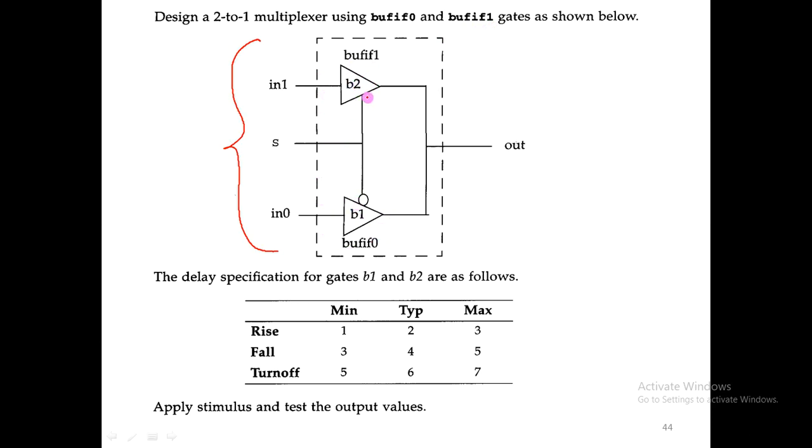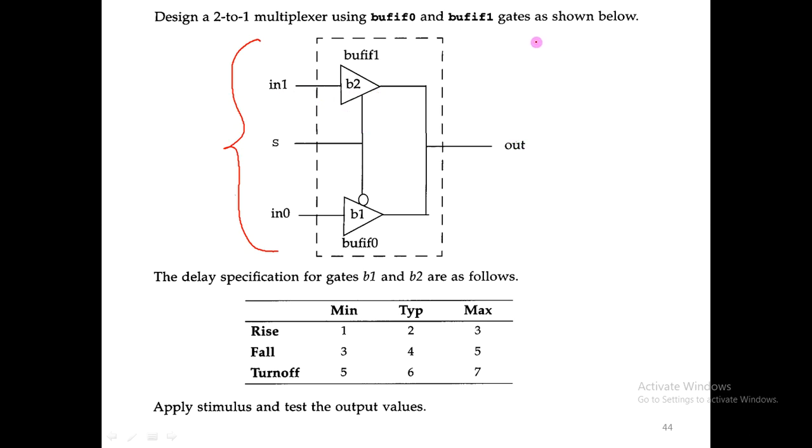So bufif1, what is the work of bufif1? When the control input is 1, it will transfer the logic at its input to the output. So now think that S is equal to 1. When S is equal to 1, this in1 comes at output. Let me write the truth table.